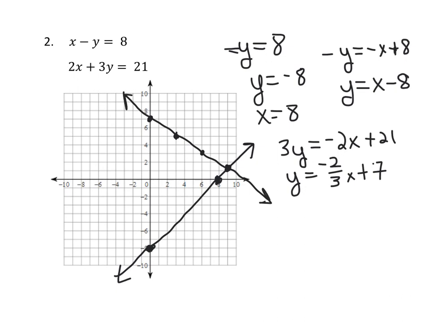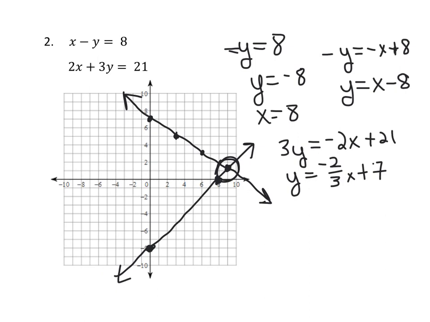All right, a couple things I want to talk about with this point. I noticed on the homework that a lot of you are not writing your answer as an ordered pair. And this is very important because you need to understand that the solution for a system of equations in this case is going to be a point on the graph.